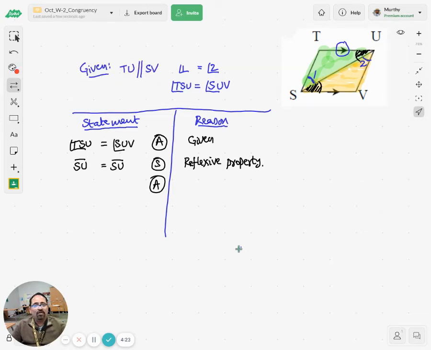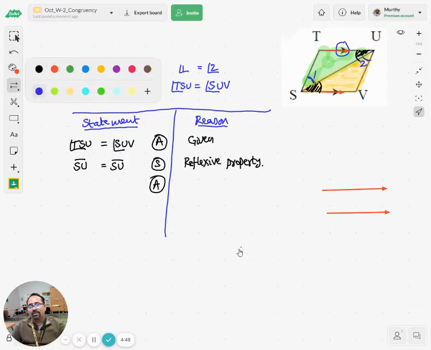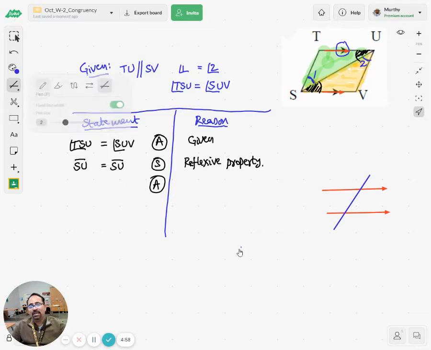Think of the properties of parallel lines. We know that these two lines are parallel, which is TU is parallel to SV. Okay, I'm taking two parallel lines, and if you are given a transversal, then is there any relation between this angle and this angle?